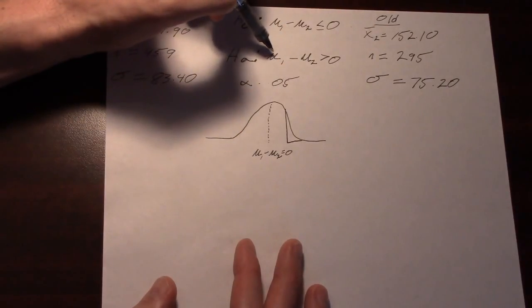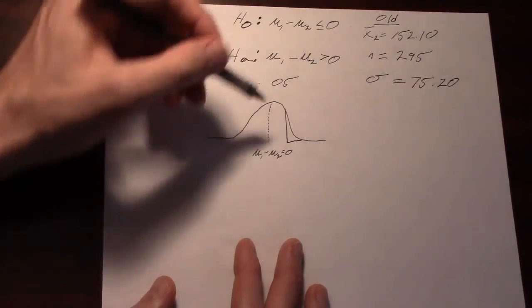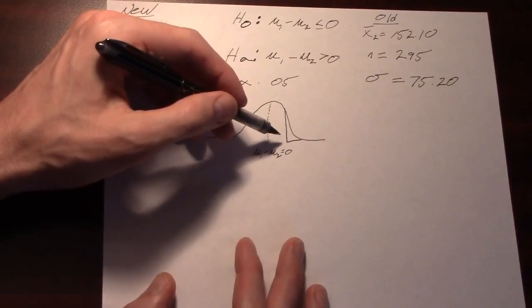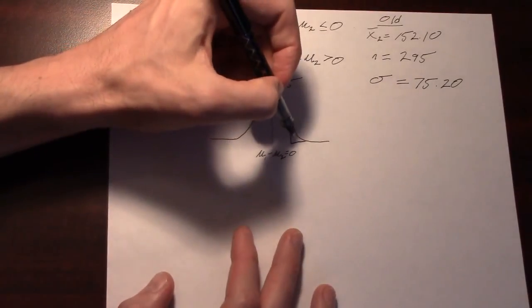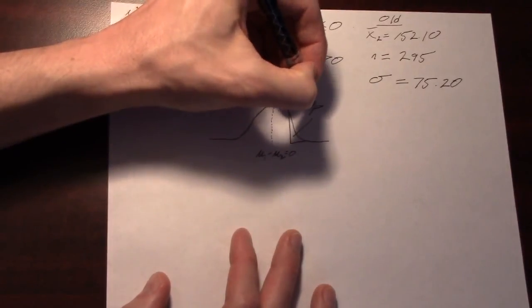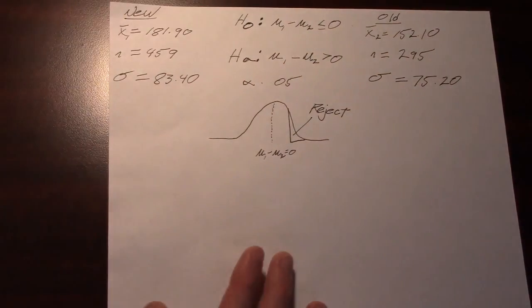So this mean 1 minus mean 2, if it comes out to a number greater than 0, it's going to be somewhere in the upper tail. If that number is significantly greater than 0, meaning it falls in the only 5% likely, then we are going to reject the null and assume the alternative.